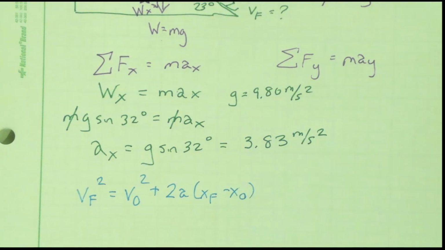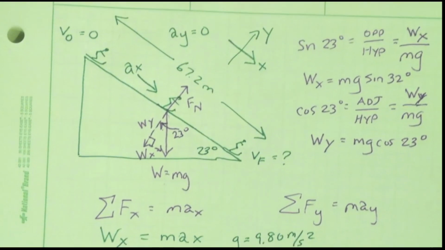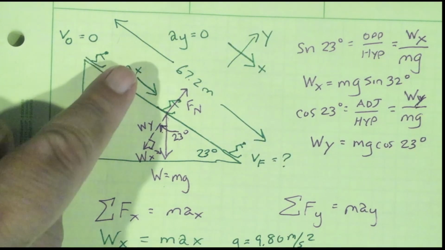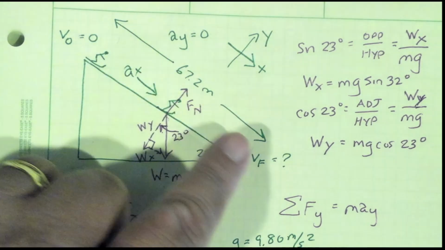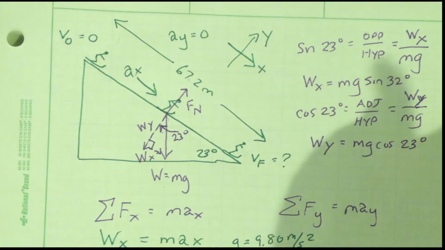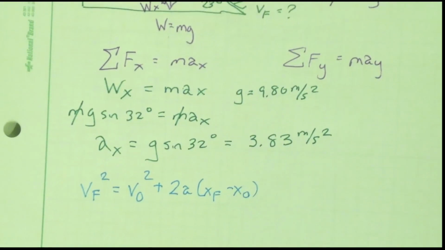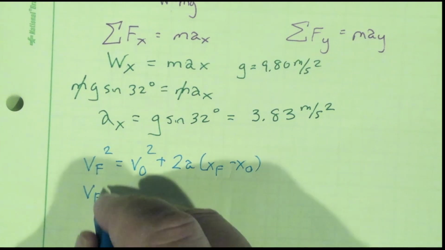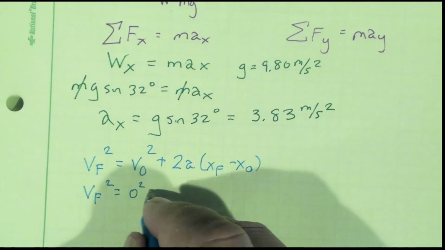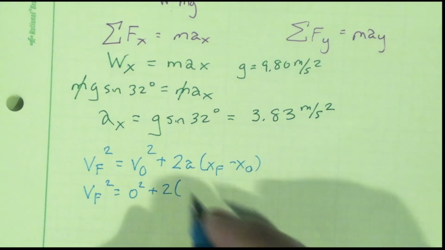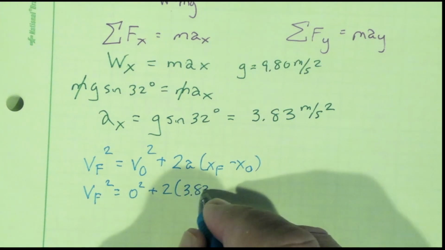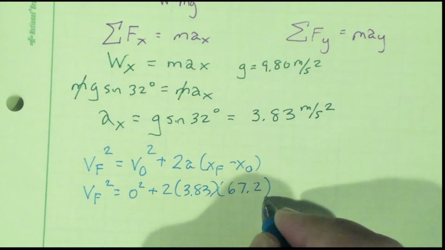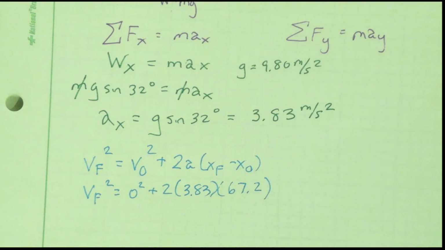Now, looking up here, we see that the initial velocity is 0, and the displacement is 67.2 meters. And we just found the acceleration, so that clears the path for us to find this final velocity. The acceleration is 3.83. The displacement is 67.2.